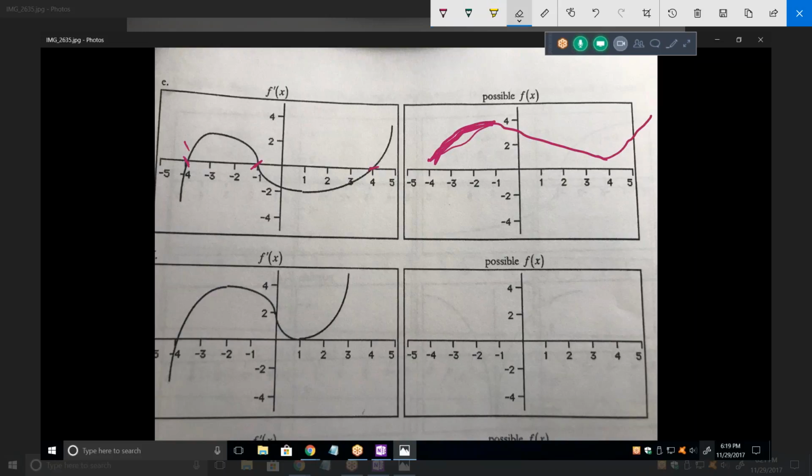You see where that matches the first derivative a little better? Mm-hmm. Because, in other words, the slope, hold on a second, I think I might have it wrong. The slope at -4 is 0, and then it's small, and then it gets big, and then it gets small again. So, I think I have this wrong.